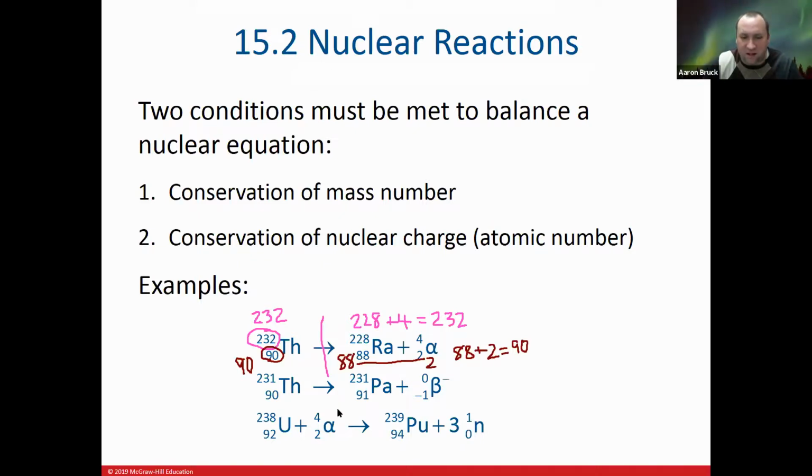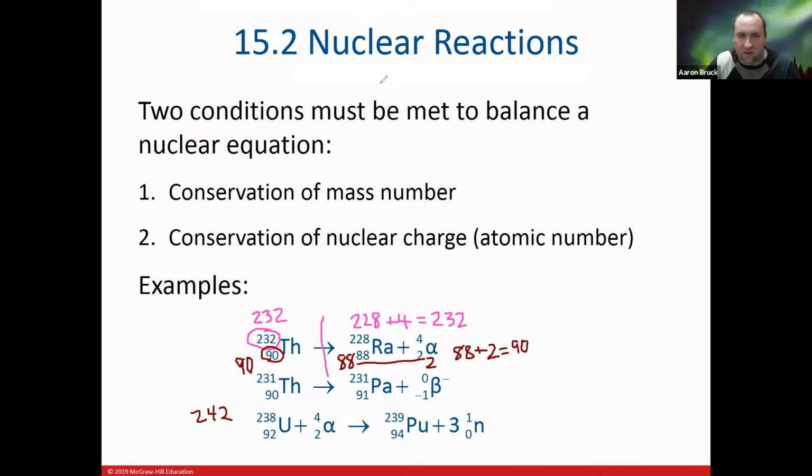This is an example of a fusion reaction here, where an alpha particle is slammed into a uranium nucleus to create plutonium. And if I look at it from that perspective, I'll see 238 plus 4 gives me a total of 242 as my total mass on the reactant side. 239 plus 3 1s.